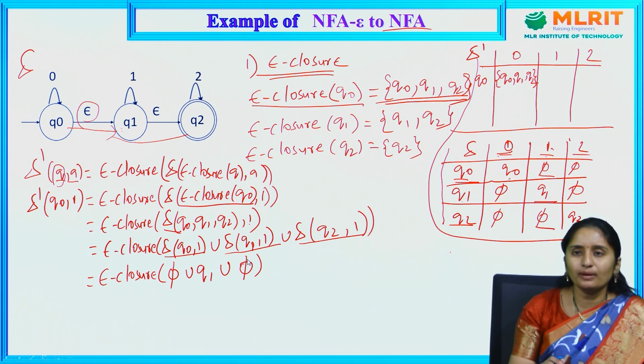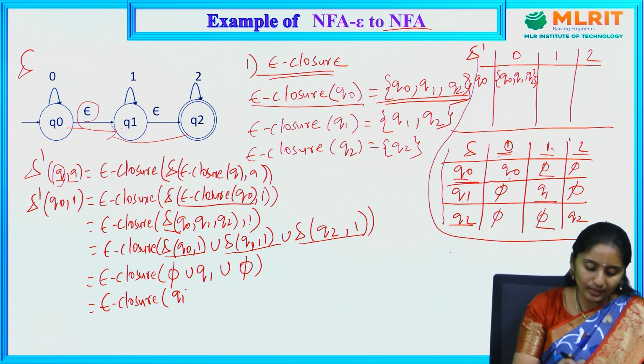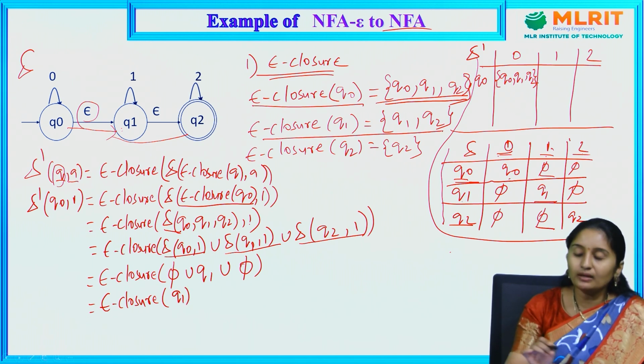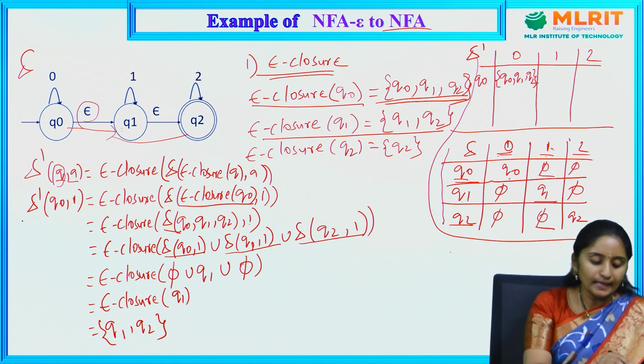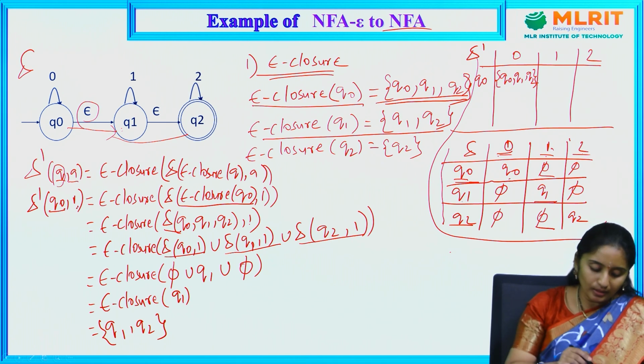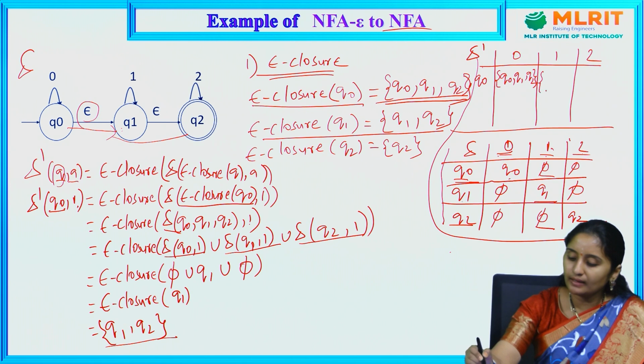Pi is nothing but empty. Nothing is there. So directly we can write epsilon closure of Q1. Epsilon closure of Q1 is what I am having? Q1 comma Q2. So delta dash on input Q0 state on 1 input, it is going to Q1 comma Q2. Let me write here Q1 comma Q2.